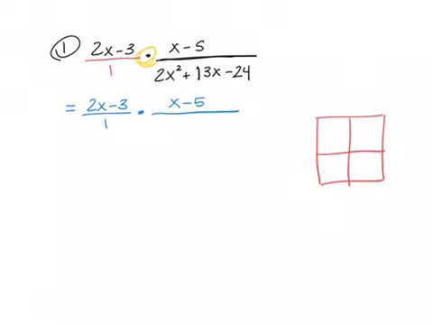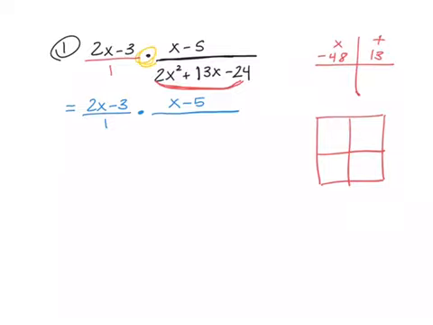If I'm going to factor that, remember I always look for two numbers that multiply to be these two put together. So I need them to multiply to be negative 48, and I need those same two numbers to add to be the middle number, so add to be 13. Do you know two numbers that multiply to be negative 48 and add to be positive 13?